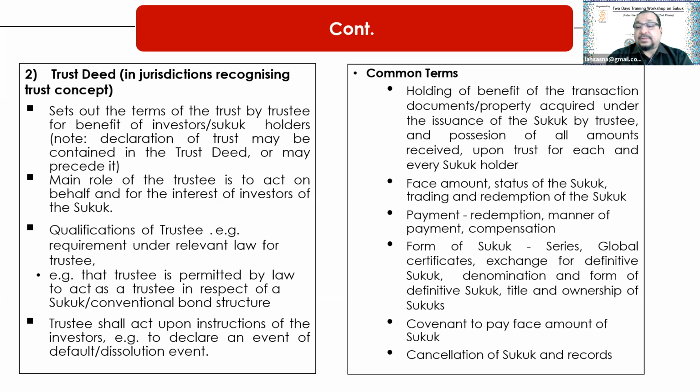If there is any kind of a global certificate or exchange of those Sukuk denominations and the form of definitive Sukuk, title and ownership. Again, covenant to pay, face amount of the Sukuk, cancellation of the Sukuk. These are some of the terms that you may see, and they will be captured.